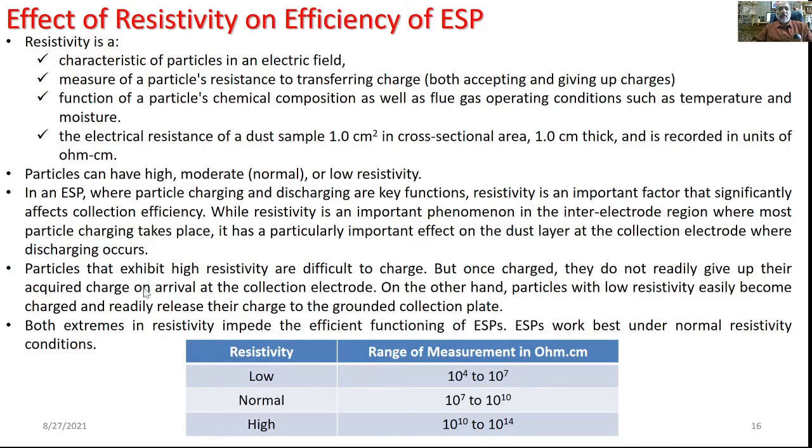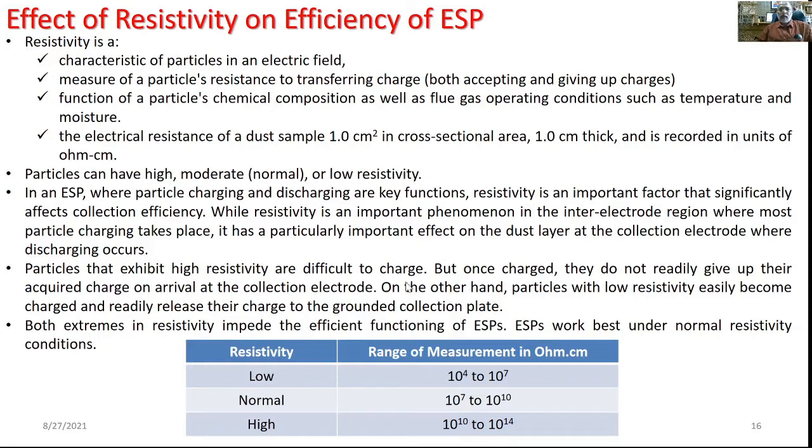The particles that exhibit high resistivity are difficult to charge, but once charged, they do not readily give up their acquired charge on arrival at the collection electrode.